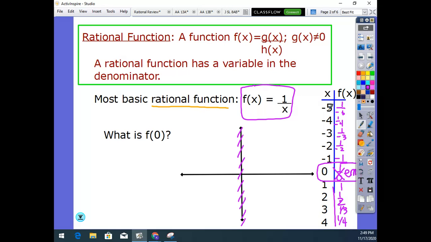Now I'm going to graph -5, 1 over -5. 1, 2, 3, 4, 5. So -5, -1/5 is really, really close to the x-axis. -4, -1/4 is just a little bit further away. -3, -1/3.